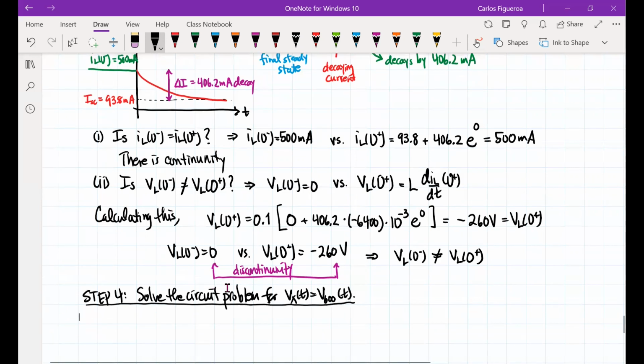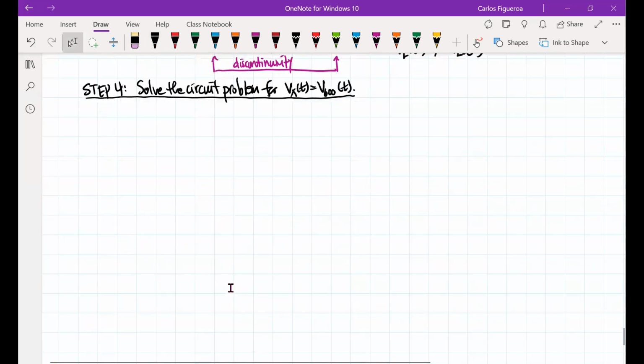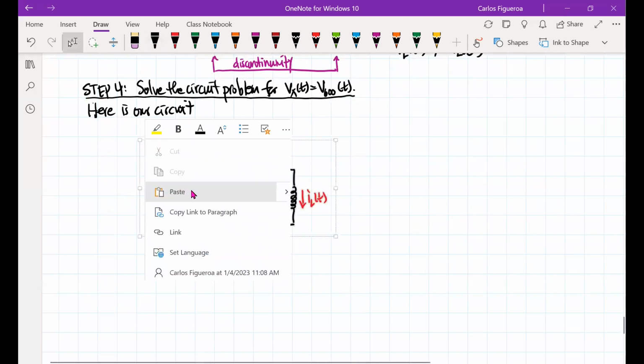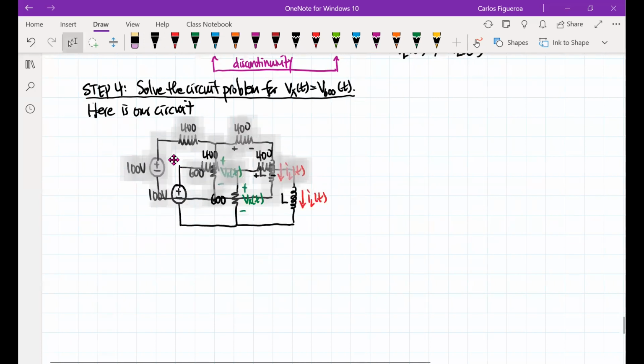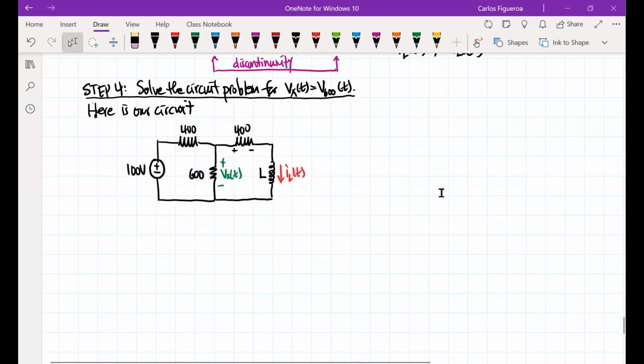So let's go do that. So what is our circuit? Here is our circuit. All I did is I copied what we had before. We have now calculated IL, and now we want to calculate this Vx.